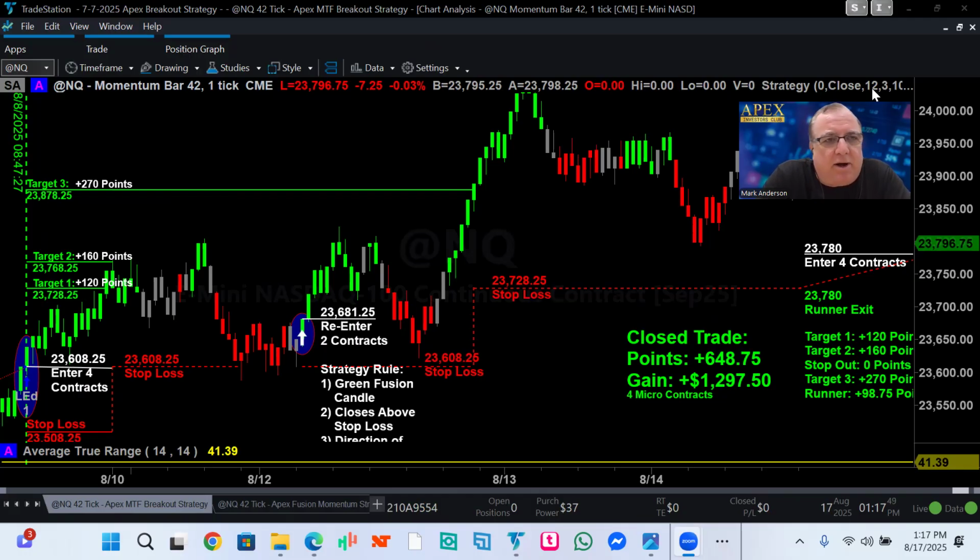At times we'll get into the scalping strategy, which has about 10 or so trades a day for the scalpers. This breakout strategy usually has one or two trades a day.